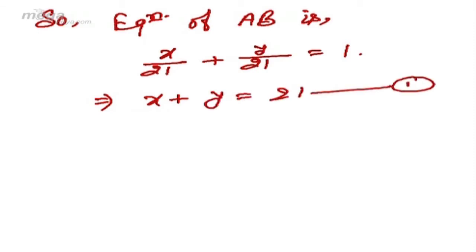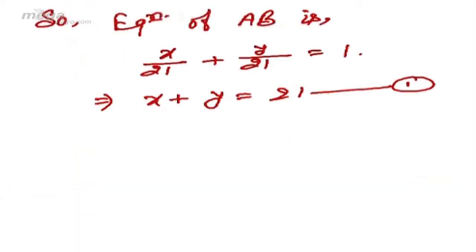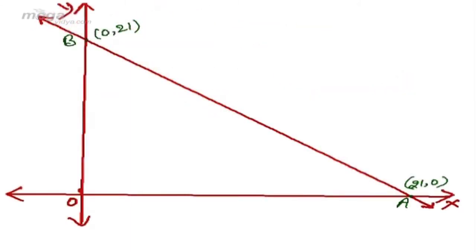This is the equation. Now with the help of this equation and this figure, we will plot the points which satisfy this given equation, which means which lie on this straight line. And these points are, see, one is (20, 1), one is (19, 2), (18, 3) and so on.